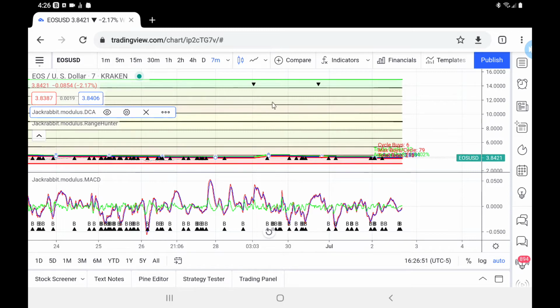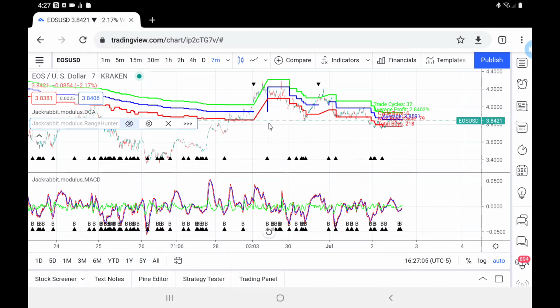Okay, we have a couple of good sells. We have a max buy rate of 79. We've scaled it down quite a bit. So let's temporarily hide Range Hunter and get an idea of what we're looking at with the chart.